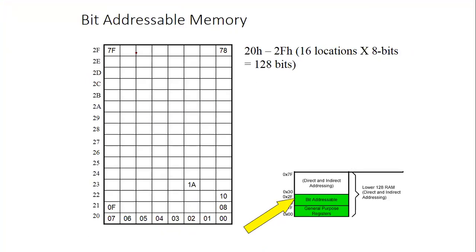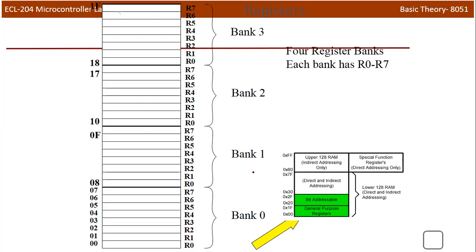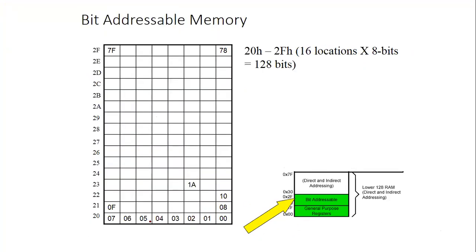And this is about the bit addressable memory. We already mentioned that 00 to 1F is the general purpose register or bank area, and 20 to 2F is bit addressable. So here you can see the 20 to 2F memory locations. There is no label for these memory locations. They are only direct addressable: 20, 21, 22, all in hex. And I already mentioned that each bit in this particular memory location can be identified using some address.